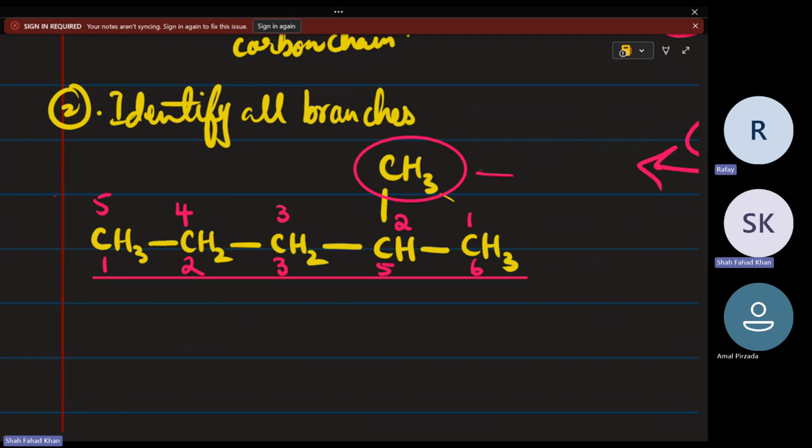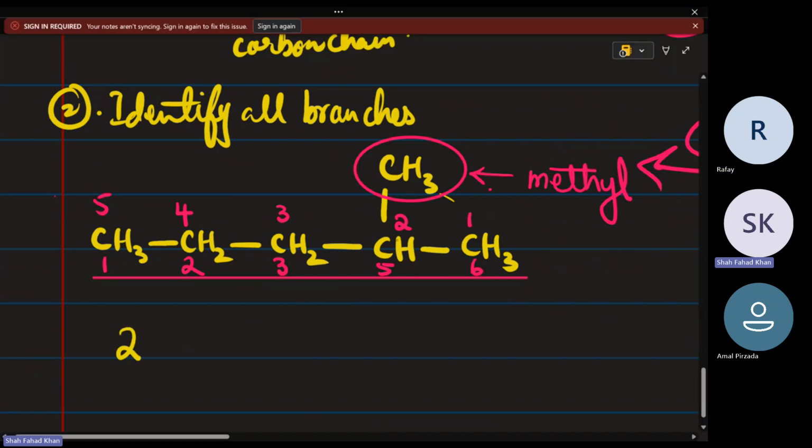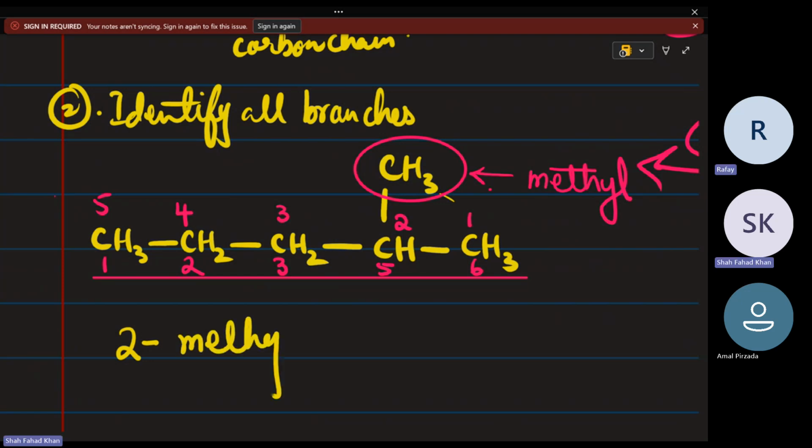Now this branch, whenever you have one carbon atom attached as a branch, because one carbon means meth, it is called the methyl branch, however you want to pronounce it. So the name is going to become, now it's on the second position, right? So 2-methyl. The reason why I put a dash is to separate the numbers from the alphabets. 2-methyl.